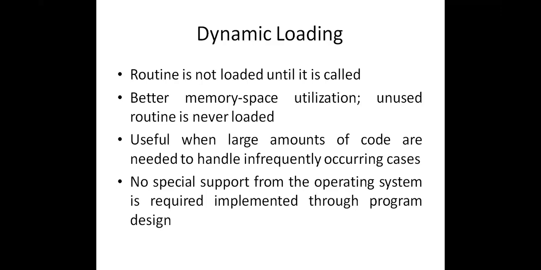After executing the first portion, at the time of execution, you can swap out that portion and swap in the required portion into the main memory. That is called dynamic loading. You need not keep the entire program in the main memory. You can keep routines in the main memory at the time of execution, so that you can save the memory space.